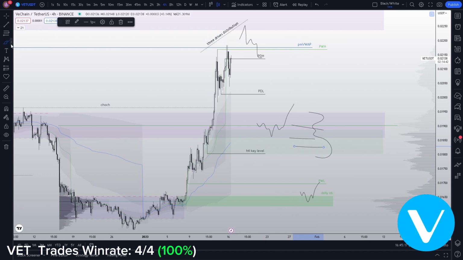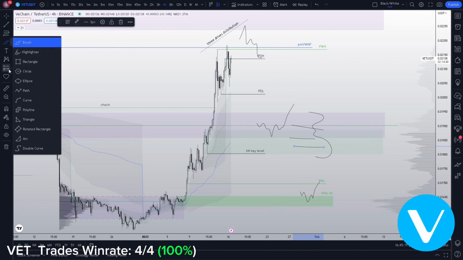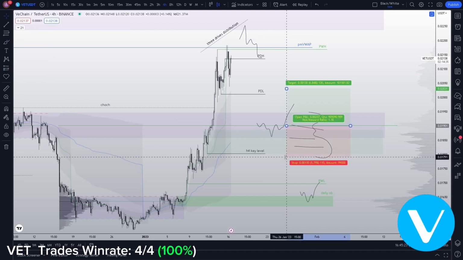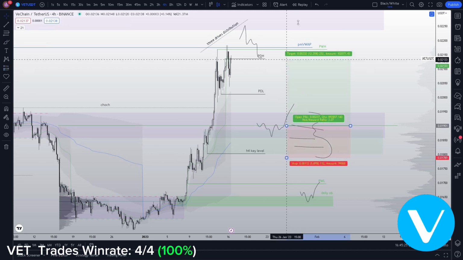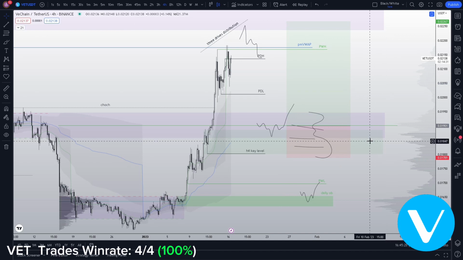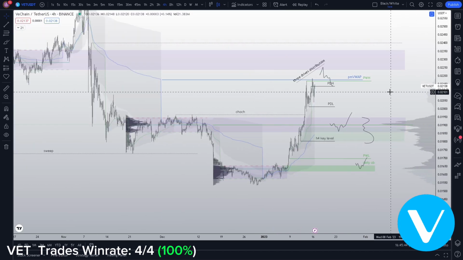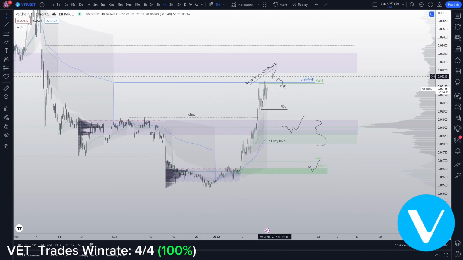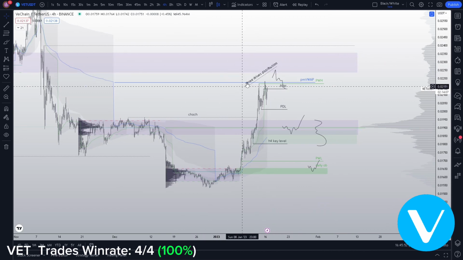And if I set up a position here, my stop would be below the swing low right here. So in terms of Vechain, the main 2 areas of interest of mine are these 2 value areas of previous ranges. I believe we'll get a rejection off of some sort of distribution pattern, and then we'll find another reversal here in this value area.